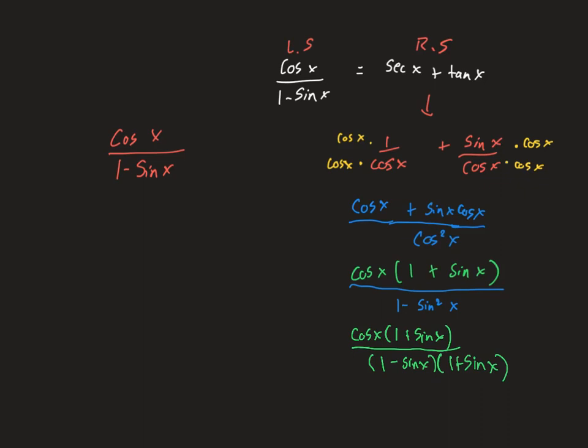So I have a 1 plus sine x on the top, 1 plus sine x on the bottom. Cancel these two out, which would give me cos x over 1 minus sine x. So what we got here, I've got cos divided by 1 minus sine x, cos divided by 1 minus sine x. My left side is equal to my right side. So it's proved.